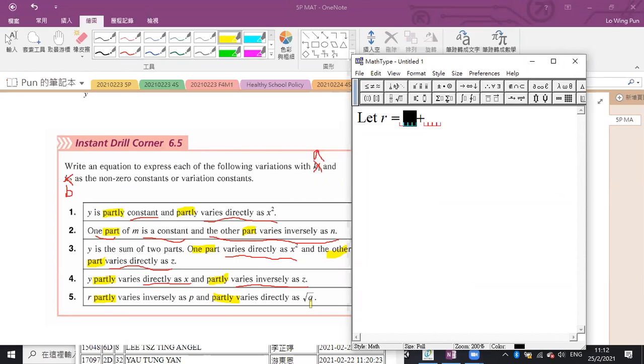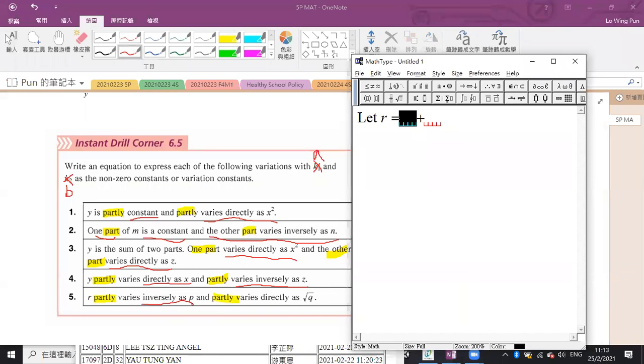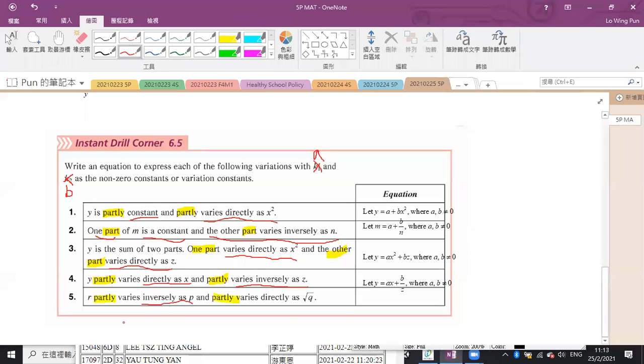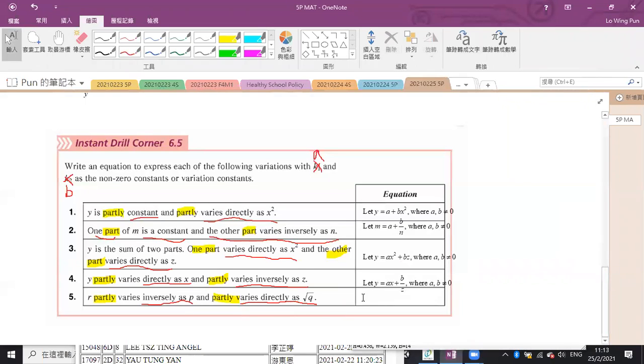The first part is inversely as p, so we will let the first part be a over p. And then the second part varies directly as square root q, so we will let the second part be b times square root q. And of course, we write where a and b are not equal to 0.